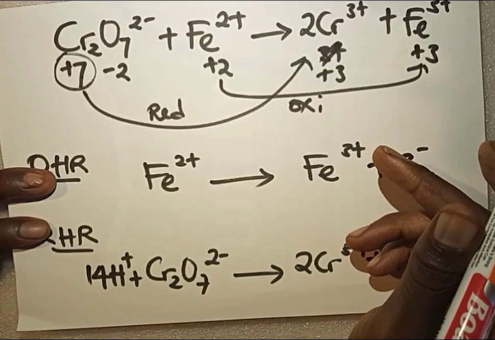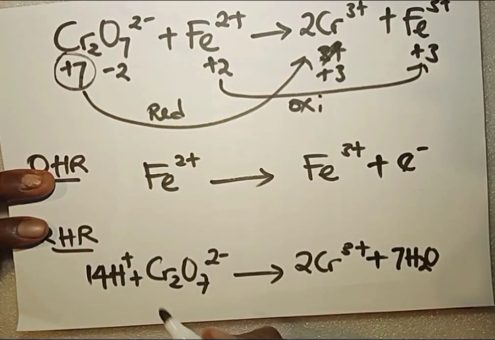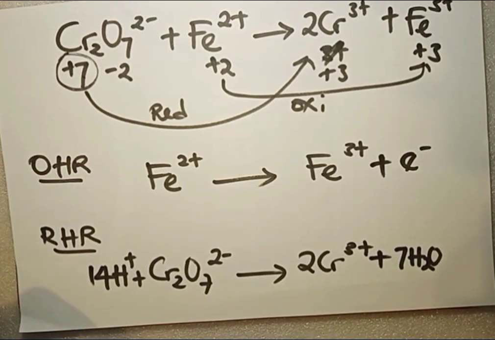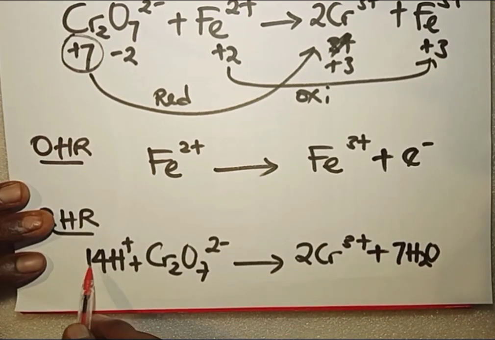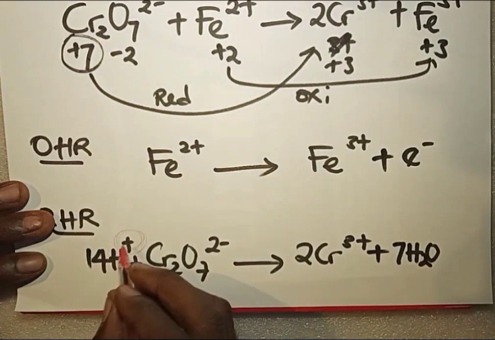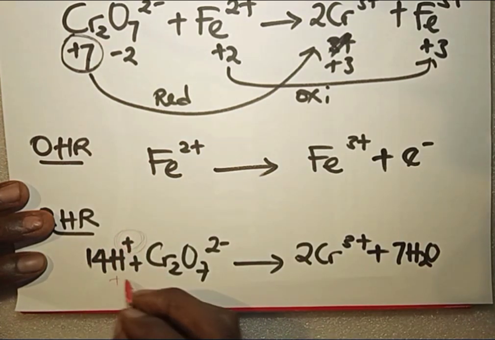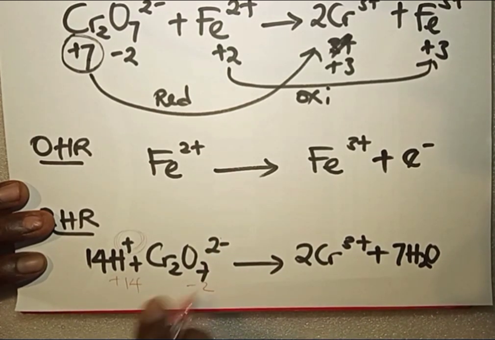We'll have 2. So we've balanced here. How about this side? What is happening here? How are we going to balance? Here we have 14. We have this positive, meaning positive 14. Here we have negative 2. So 14 minus 2, it is 12.